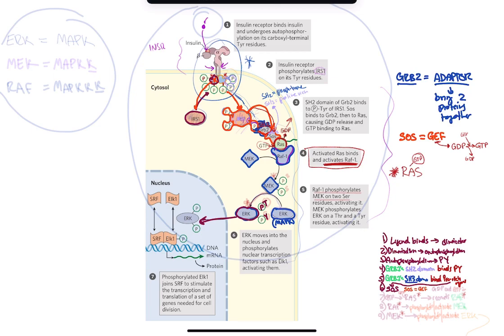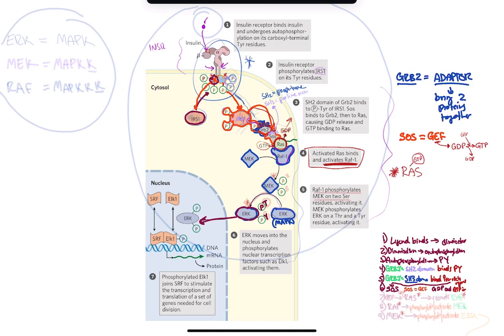So we're going to take GDP out, GTP in, and feel free to just rewrite this more neatly in your own words. But I'm just giving you the general idea here.